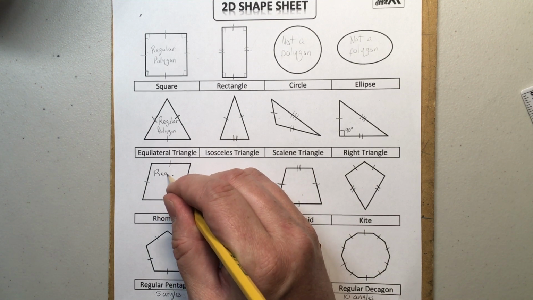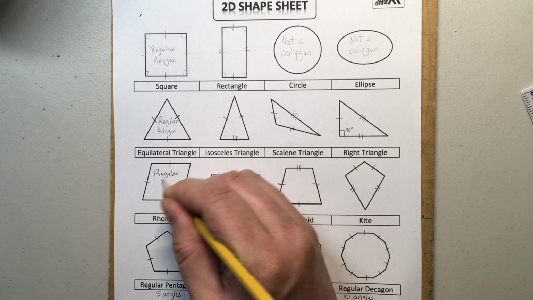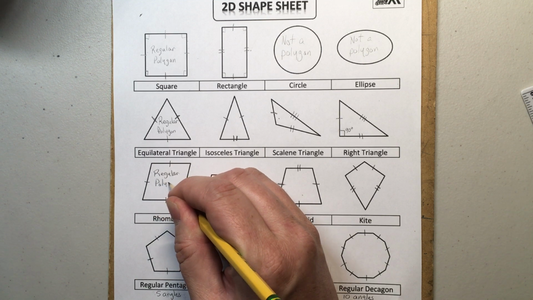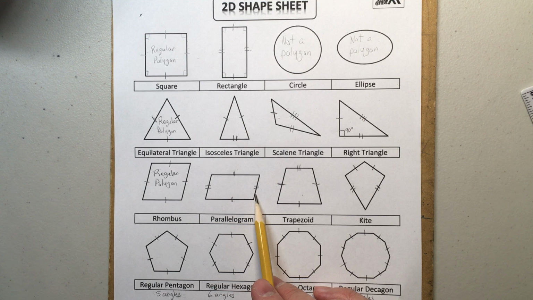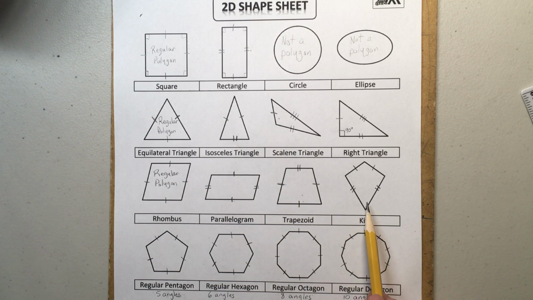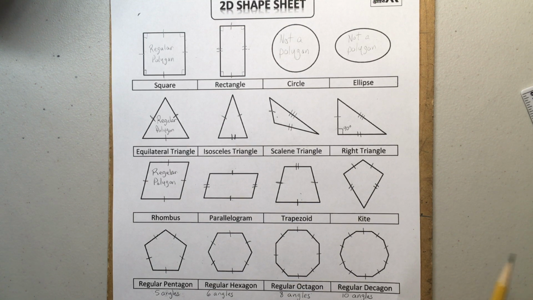This rhombus is. The parallelogram is not a regular polygon. Neither is the trapezoid. Neither is the kite. But all of these obviously are, because all of the sides are of equal length.